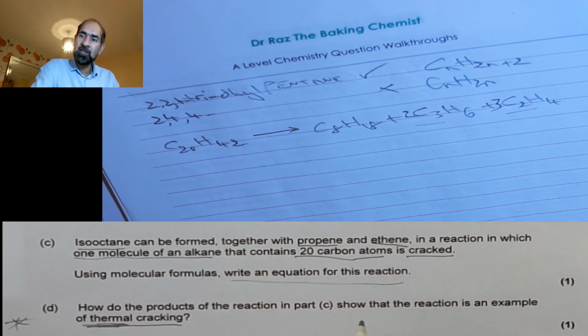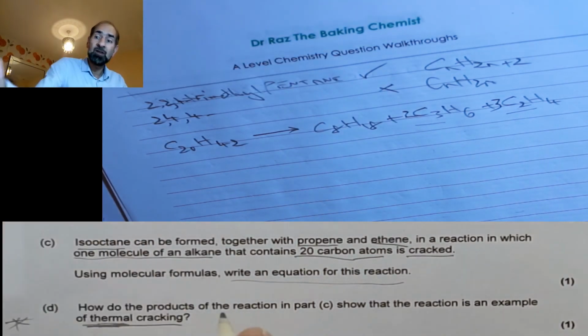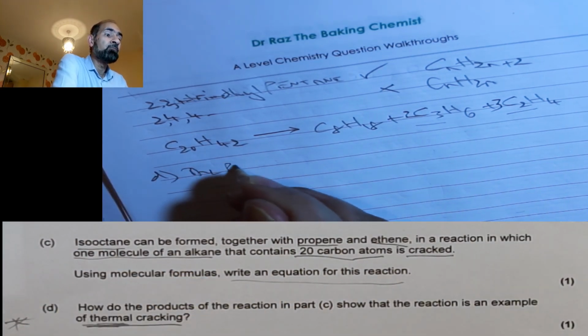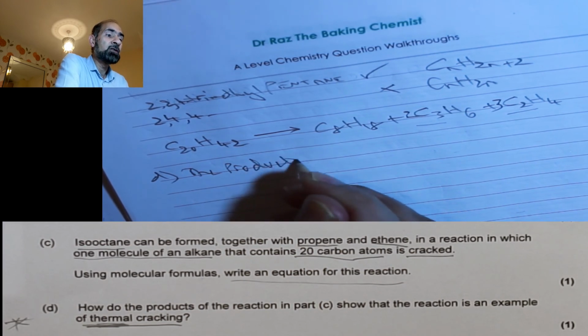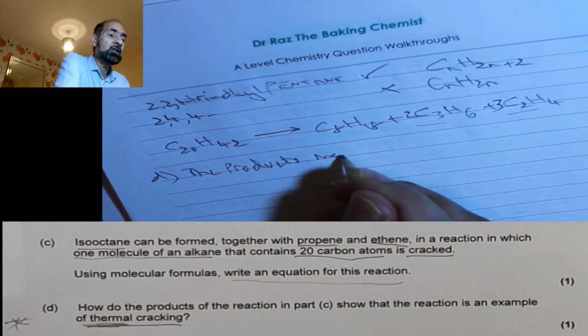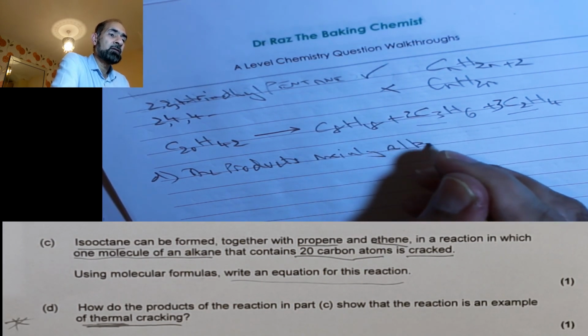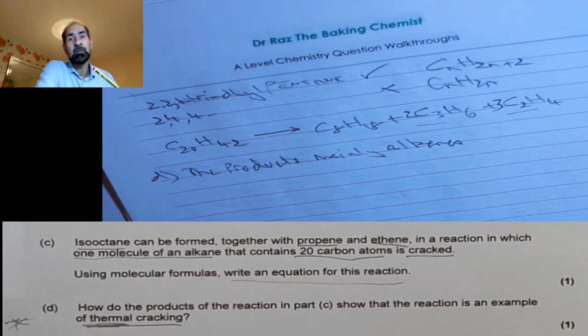So how do the products of the reaction show that the reaction is an example of thermal cracking? Well, because the products are majority or mainly alkenes. So they're mainly alkenes. That's why I know it's a thermal cracking.